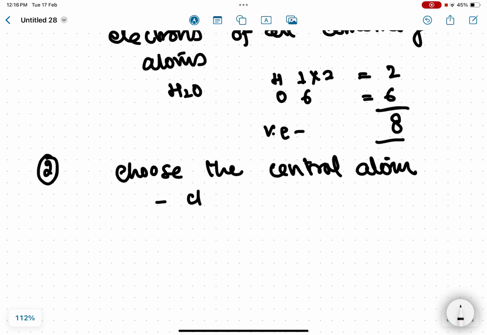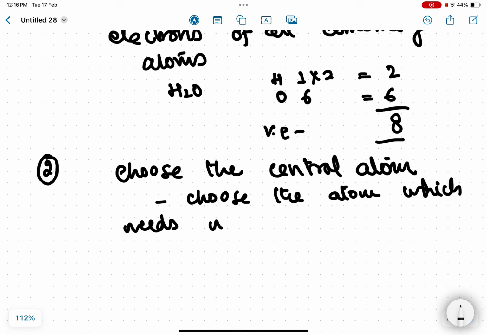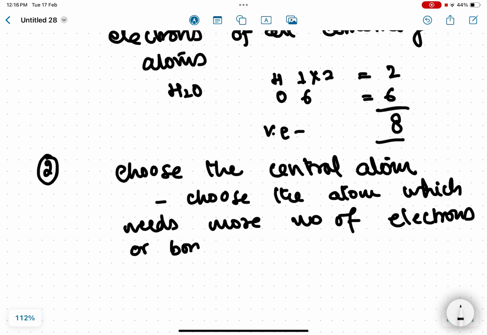First, choose the atom which needs more number of electrons or bonds to complete its octet.